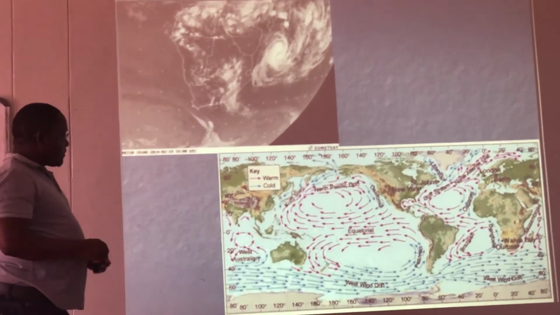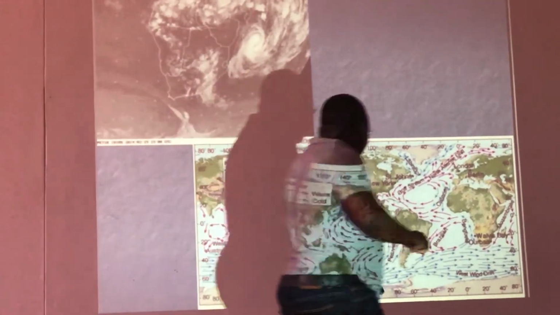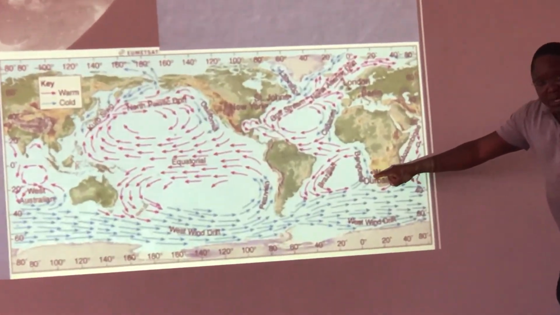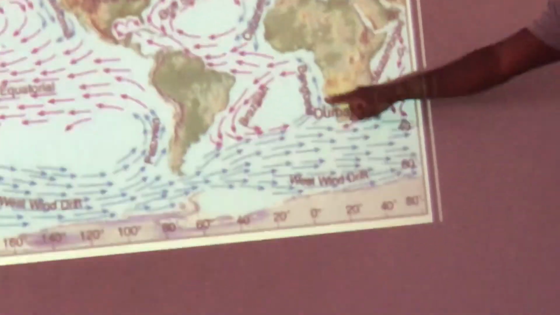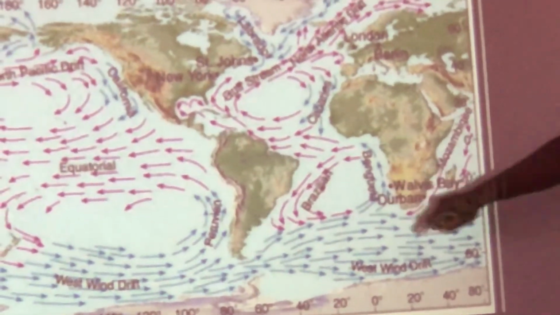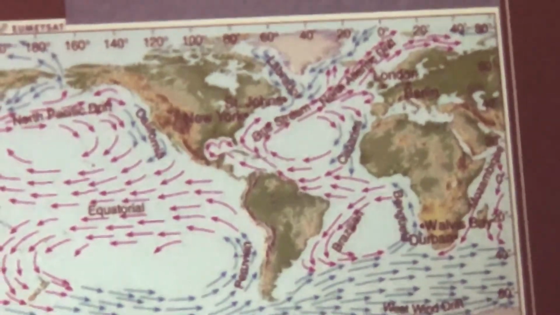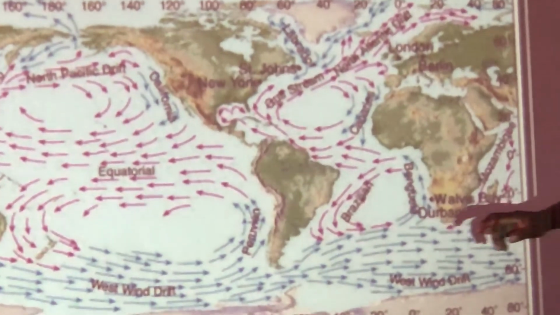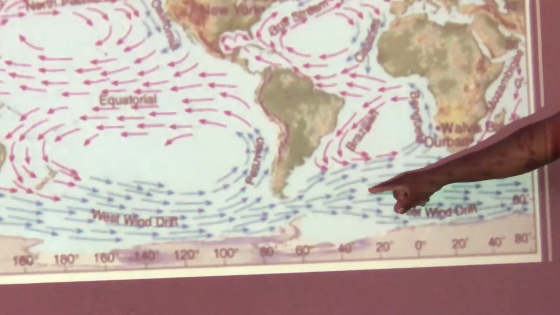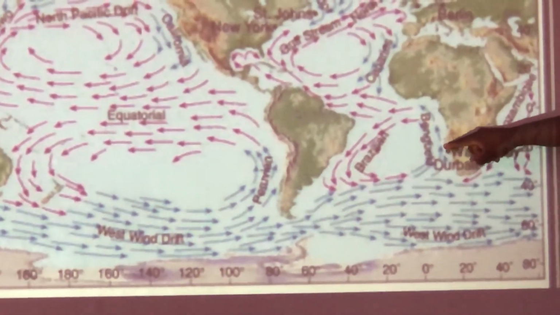So it basically means, for example, just for Namibia as an example, we have what we call the Benguela current off the western coast of Namibia. This Benguela current is considered to be a cold ocean. Why? Because you have a cold current moving from the South Pole all the way up to the western coast of Namibia.